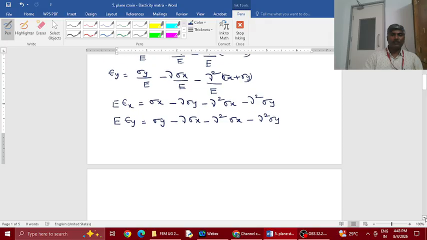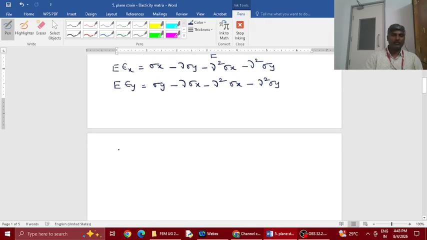Further simplifying the first equation, E into epsilon x is equal to sigma x, you have two terms with sigma x here, so 1 minus nu square.